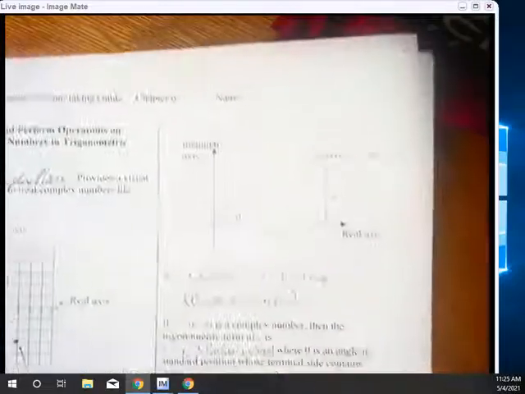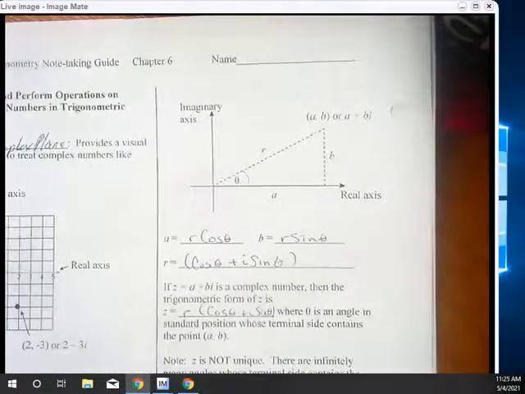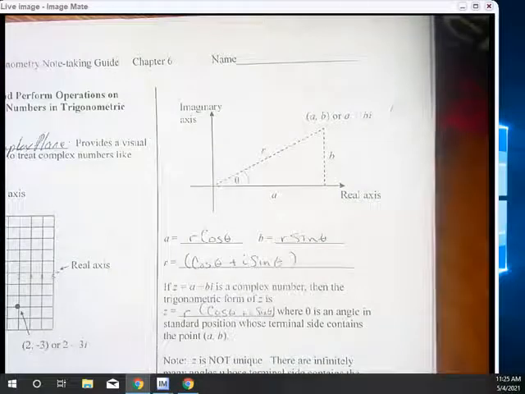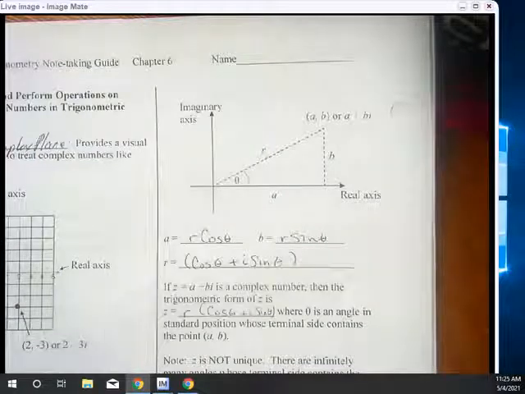All right. Starting at the top of the next page. Your imaginary axis and your real axis. When we are looking at trigonometric form for complex numbers, the multiplication and division of complex numbers in standard form are somewhat complicated, and so is finding the powers and roots. But we can think of a complex number as the process of finding the vertical and the horizontal components of a vector.